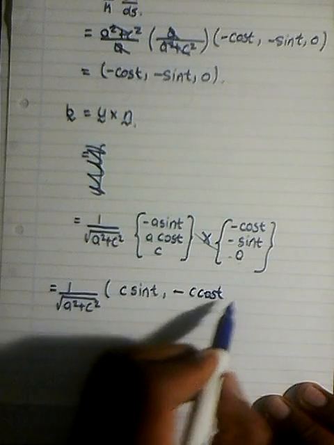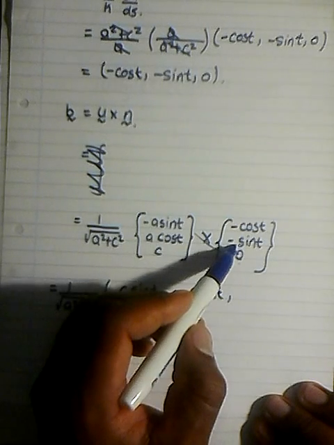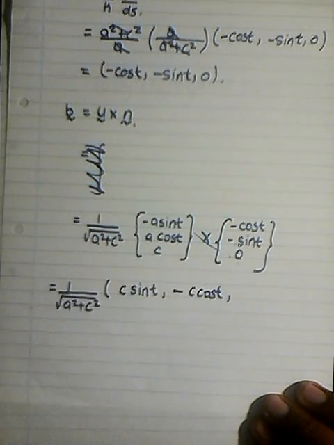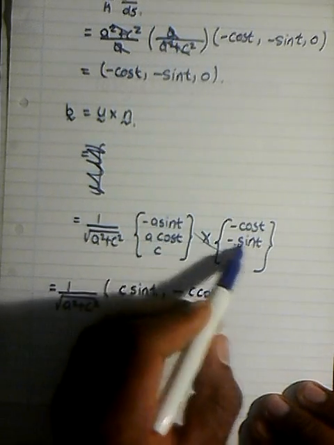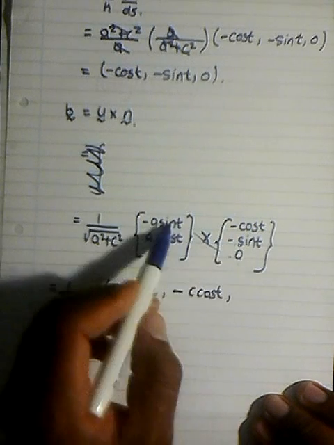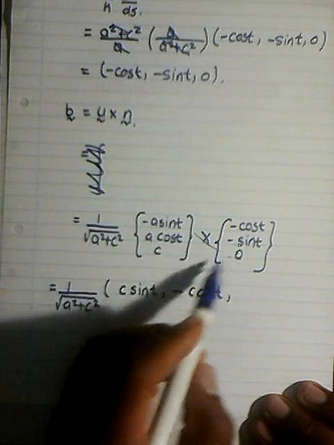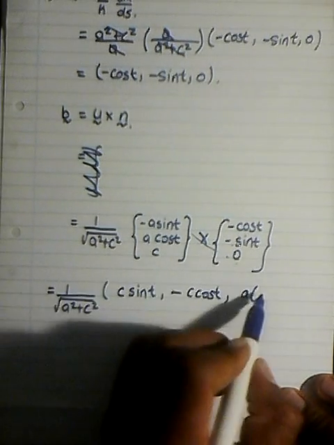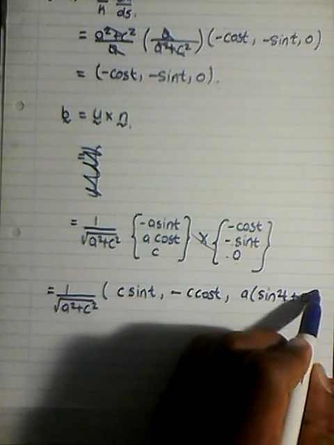And then the last one, we're going to have positive a squared, sine squared t plus cos squared t.